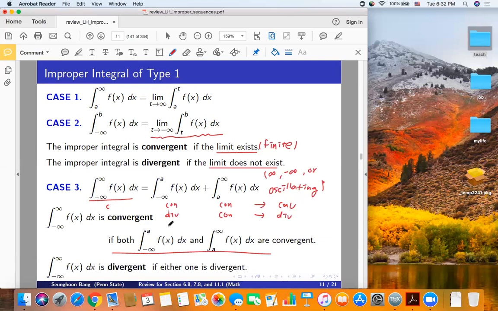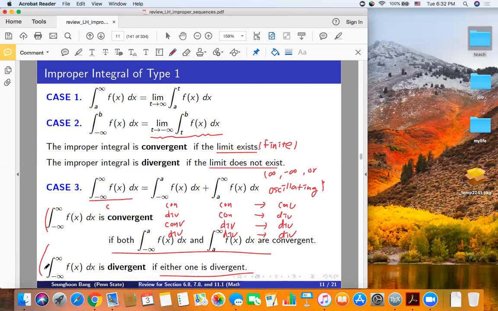The first one is convergent, the second one is divergent. What is the answer? Divergent. The first one is divergent, the second one is divergent. What is the answer? Also divergent. This is the exact meaning of the last improper integral.